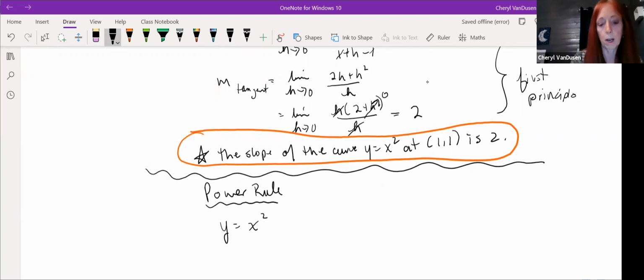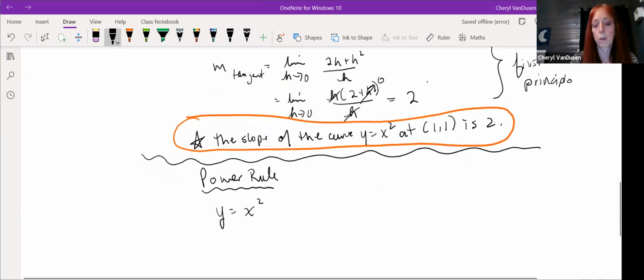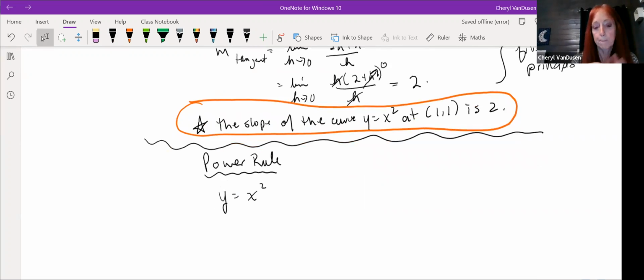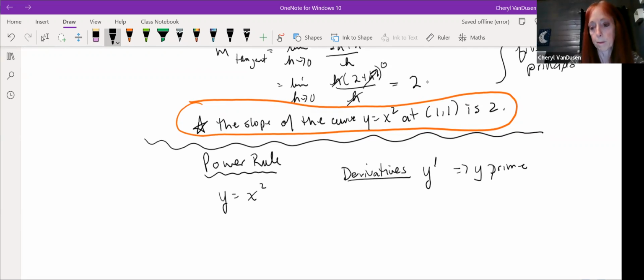Again, I'm just going to go back to y is equal to x squared. And before I introduce the power rule, I need to talk about some of the symbols that we use when we are trying to show derivatives. There are 3 ways of showing derivatives. Y with a little dash, we read that y prime. We can go dy dx.